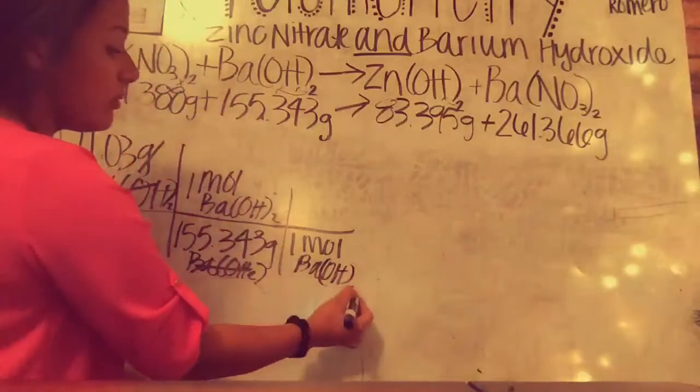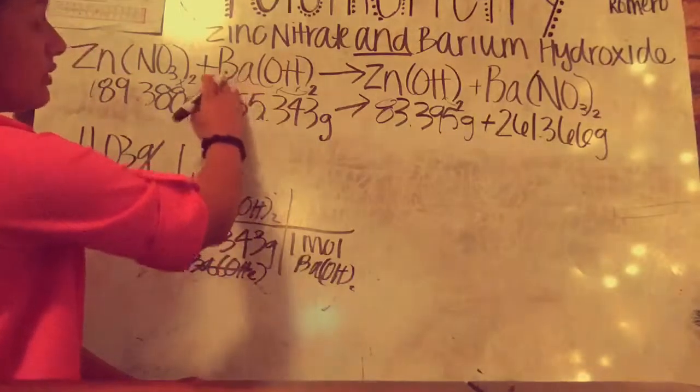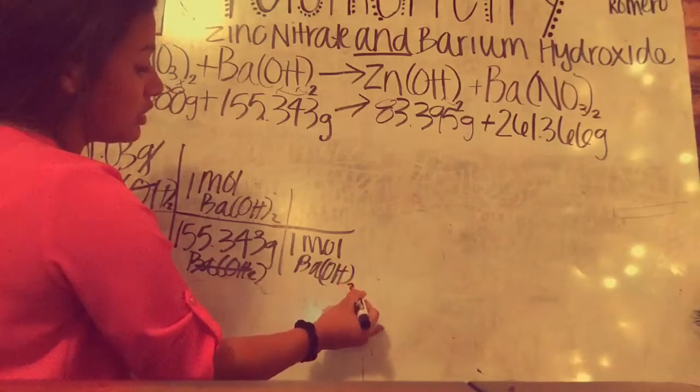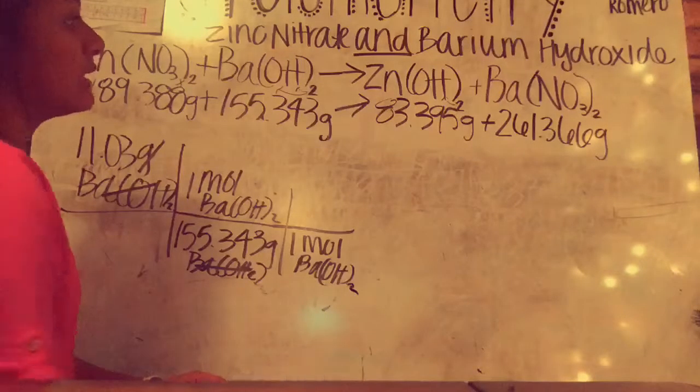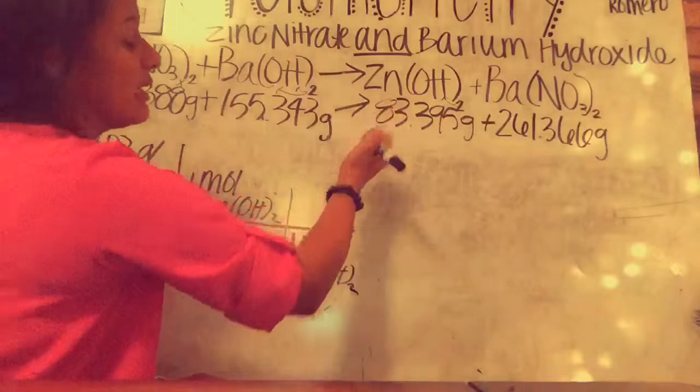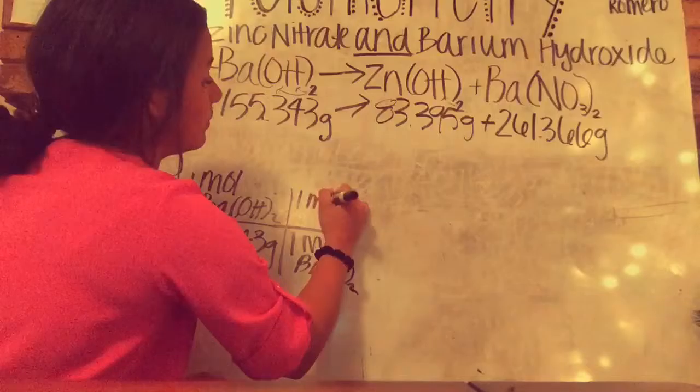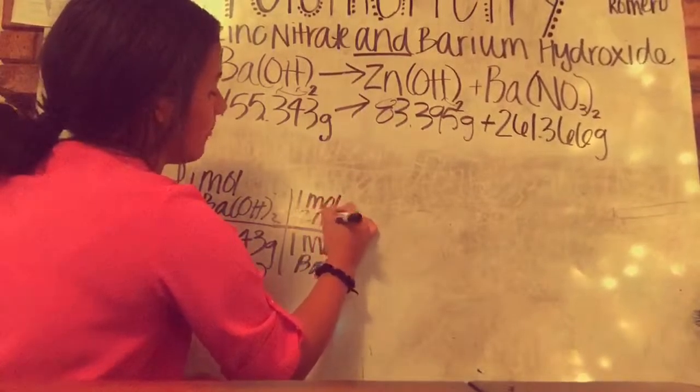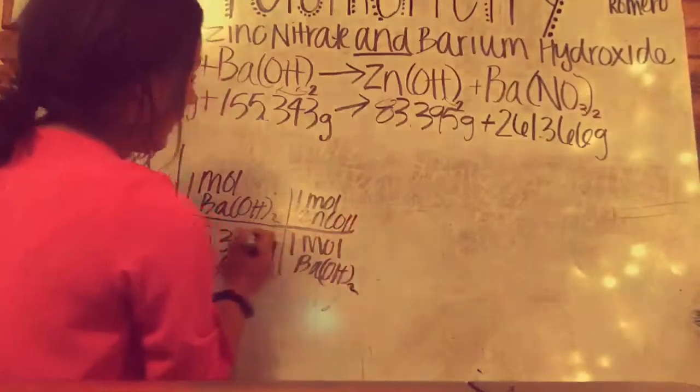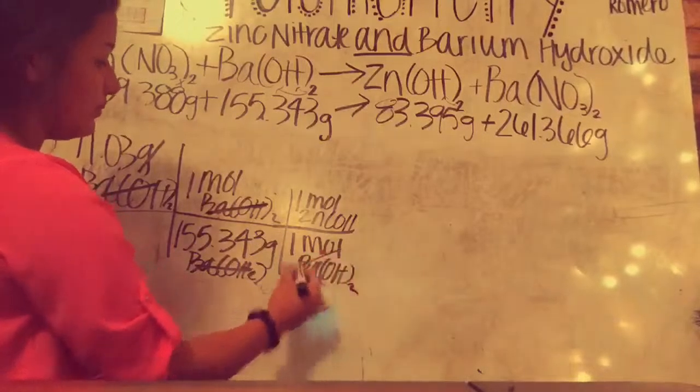We got the 1 mole from our coefficient in front of barium hydroxide, which is 1. And we're going to take the number of moles from zinc hydroxide, which is 1 mole. And these have been canceled out.